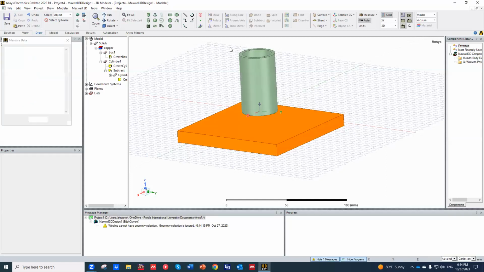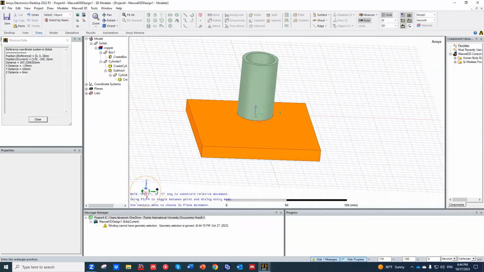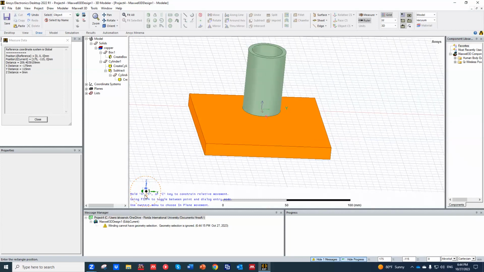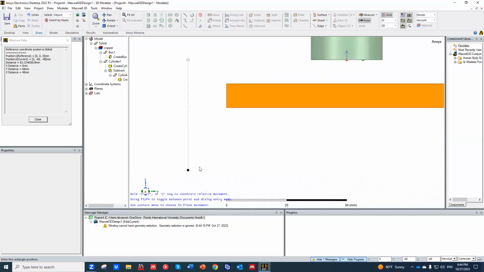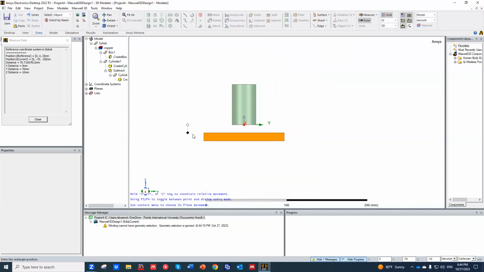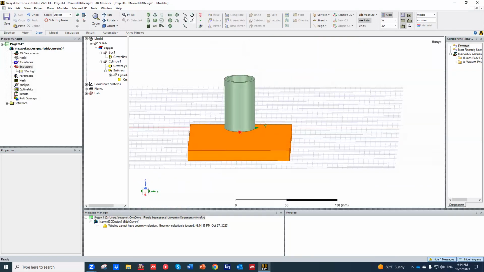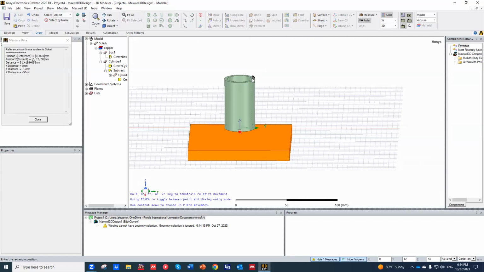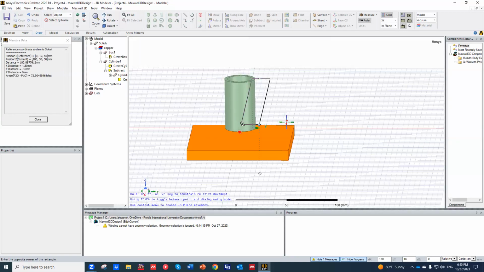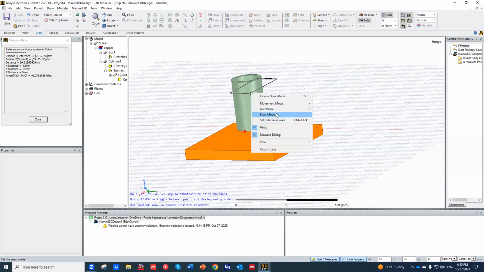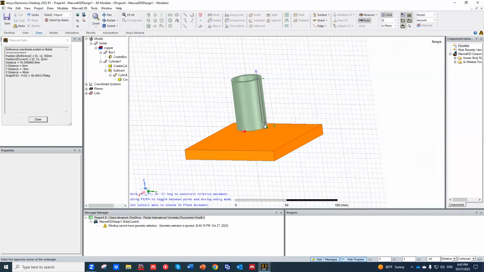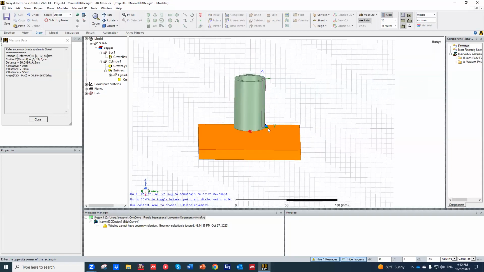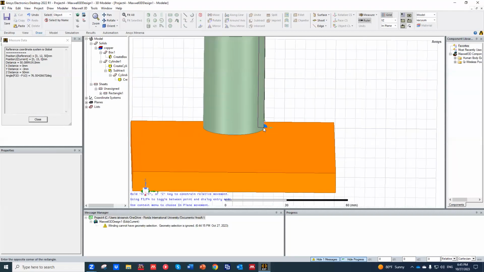To do so, I select a plane, for example this one, and then I draw a rectangle in this plane, like this. Right.